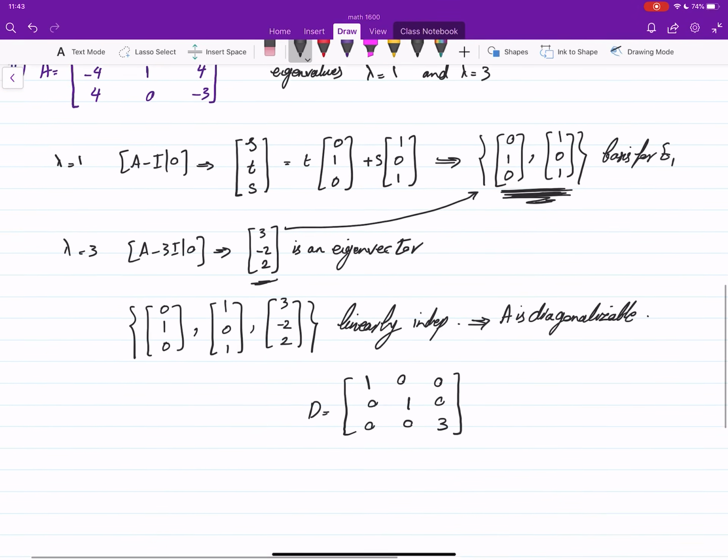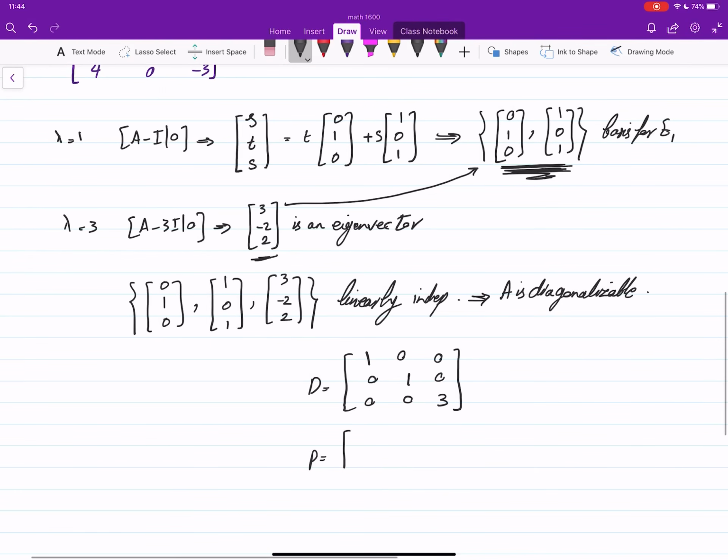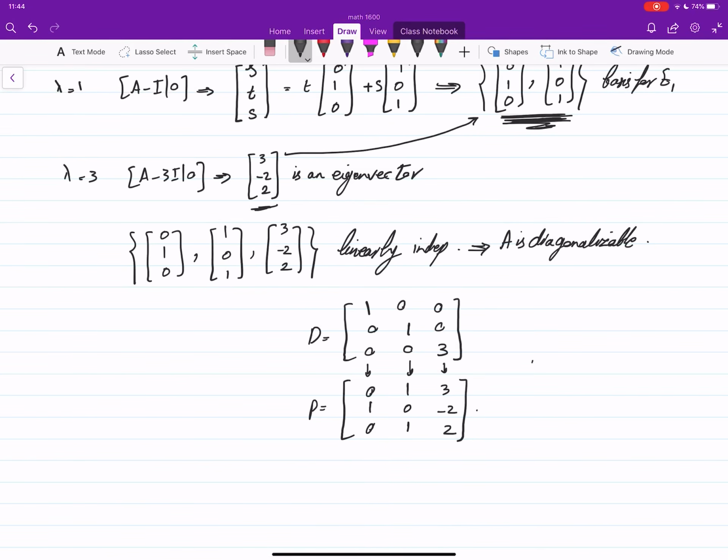How about P? You put your corresponding eigenvectors. The first two columns need to be eigenvectors of 1, which can be in any order you like, so I can put this one and the other one. And the last one is the eigenvector of 3, which is -2, 3, 2. Now you can check that P inverse A P is equal to D.